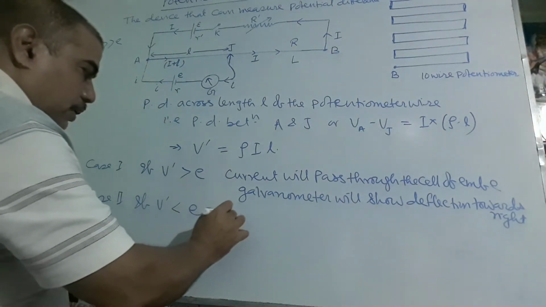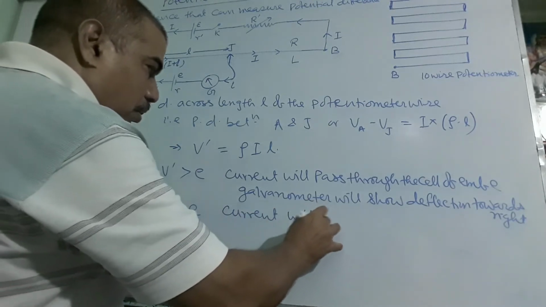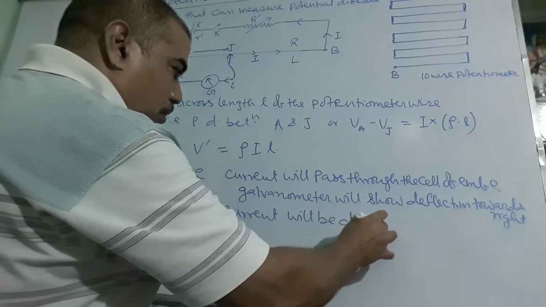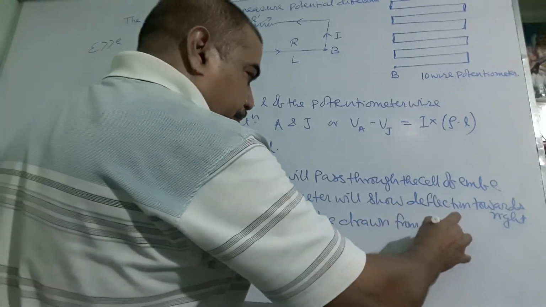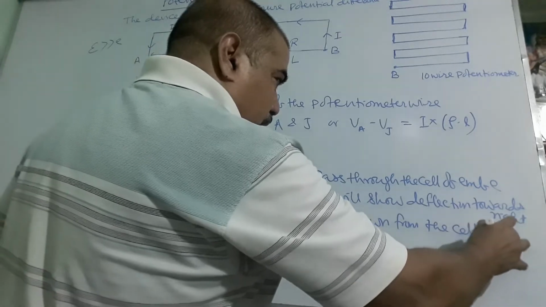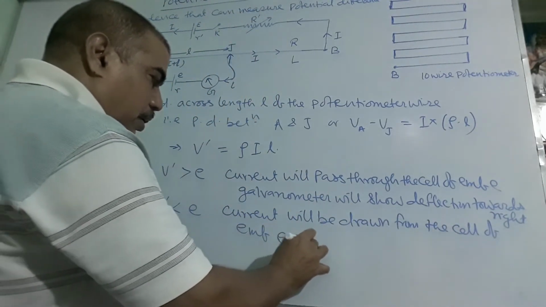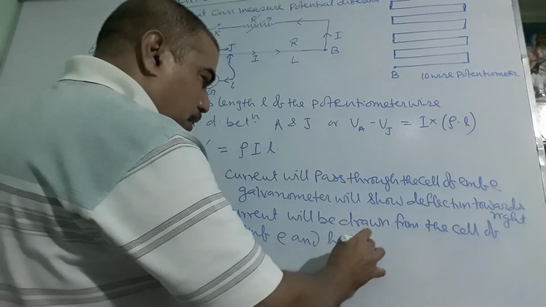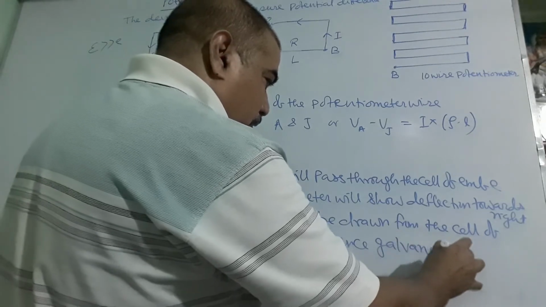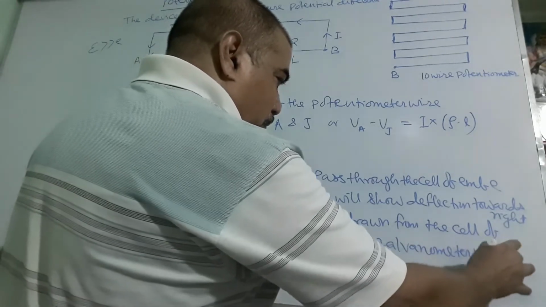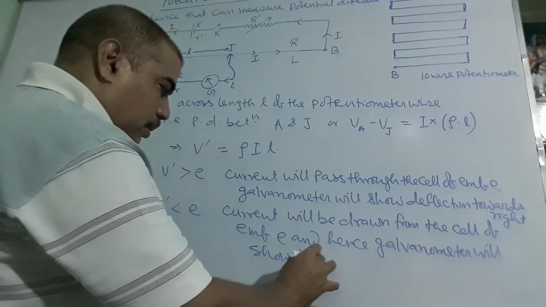So in this case, current will be drawn from the cell of EMF E, and hence the galvanometer will show left deflection.